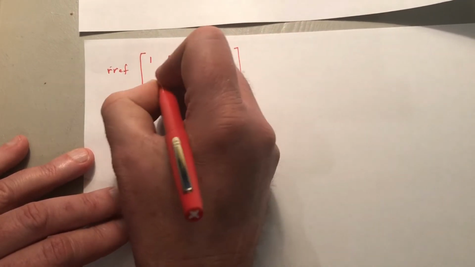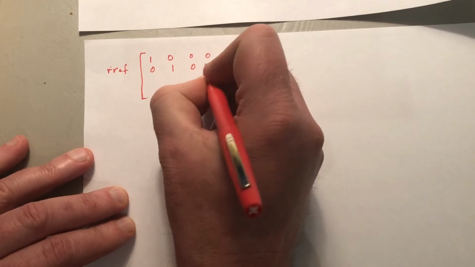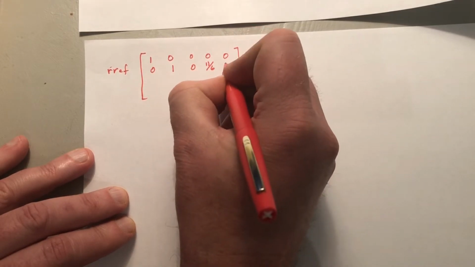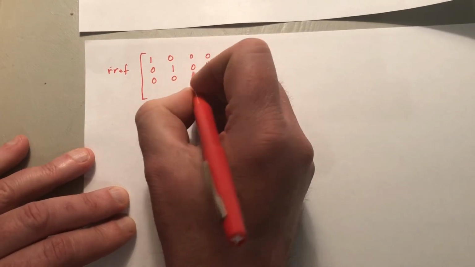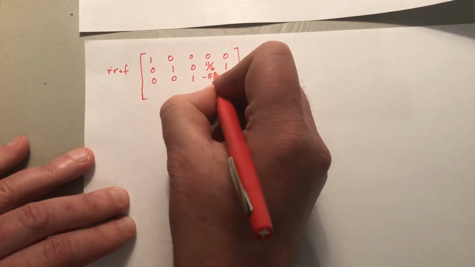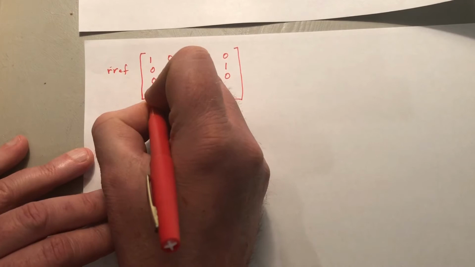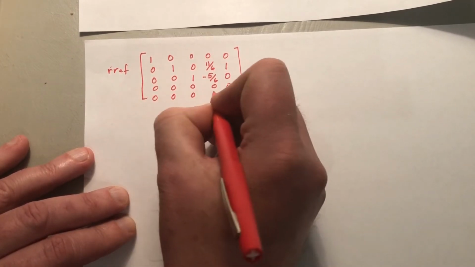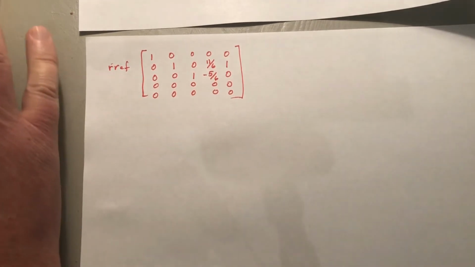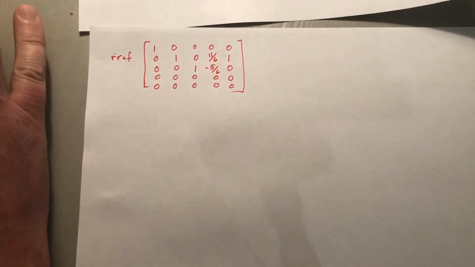Here's what I get. And then I have 2 rows of zeros, right? Well, of course, that tells me I'm going to have a parametric solution.